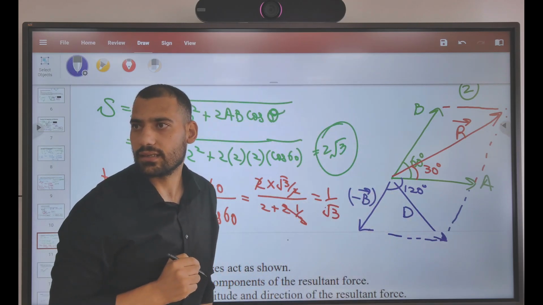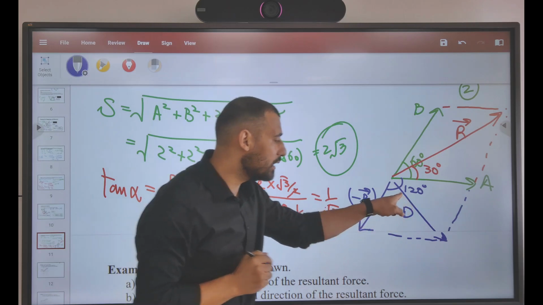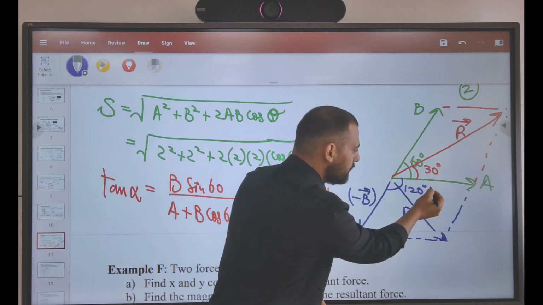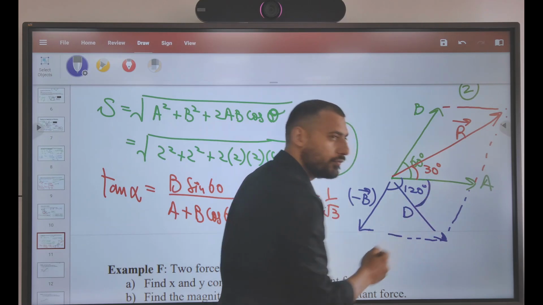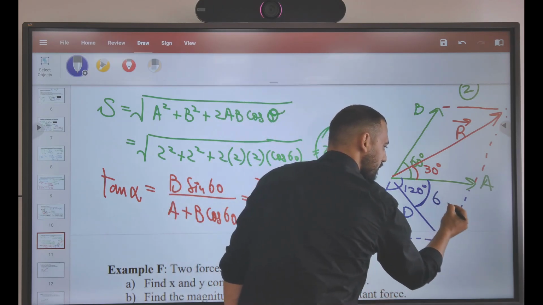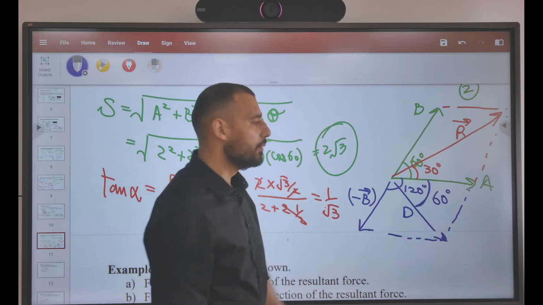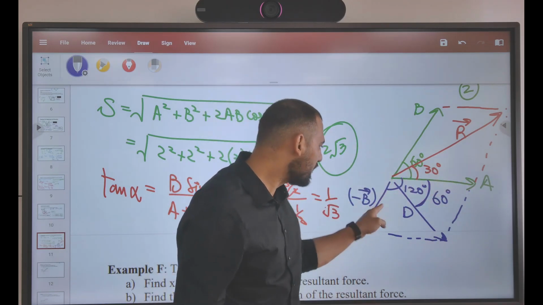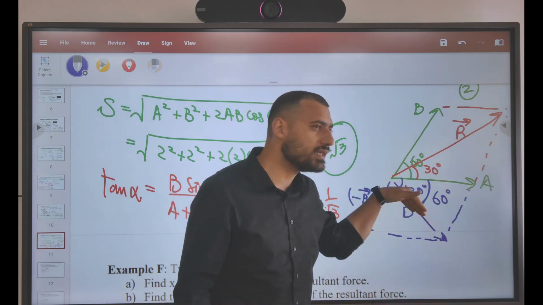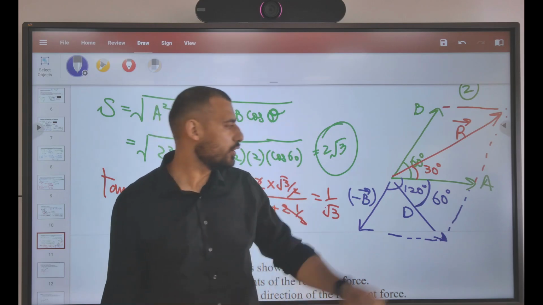So tell what is the angle with, for example, yes, it will also bisect. Why? Because this is 2, the magnitude of negative b is also 2. So the resultant will always bisect. So it will be at 60.